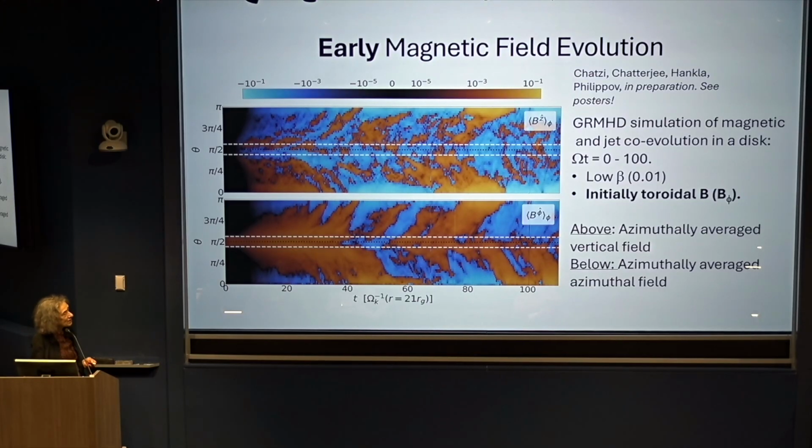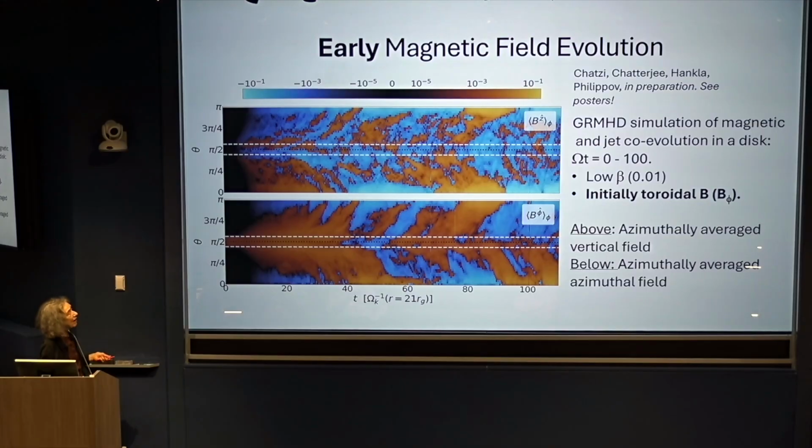So let's start with the case where you start with an in-plane toroidal magnetic field. This is work led from Maryland by Sasha Filipov. It's a GR-MHD simulation. This is deservedly called a butterfly diagram. This is at one particular location in the disk, at 21 RG.